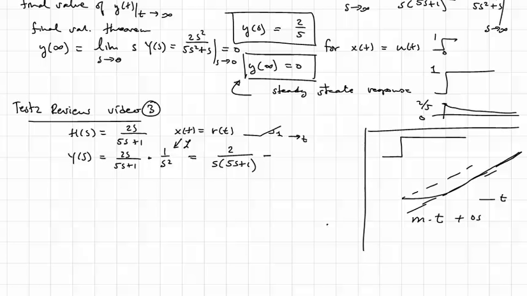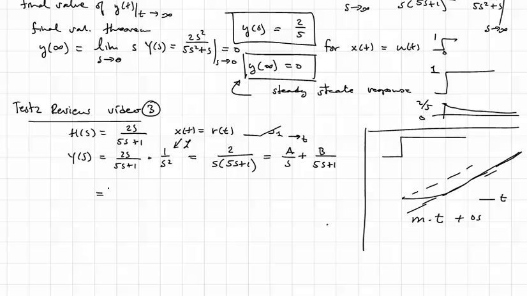We can partial fraction expand that to A over s plus B over 5s + 1. Using the cover-up method, we cover up the s and apply 0 to the 5s + 1.